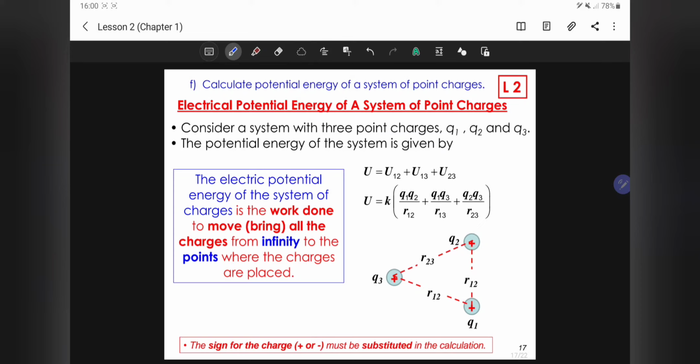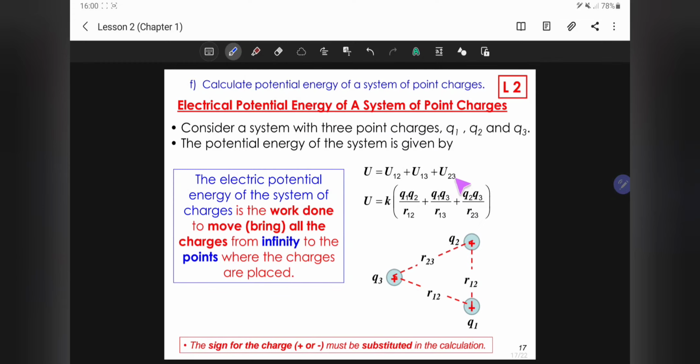It's quite simple. First, we need to find the number of couples. How many couples do we have? For these three charges, the couples are 1,2, 1,3, and 2,3. There are three couples, isn't it?